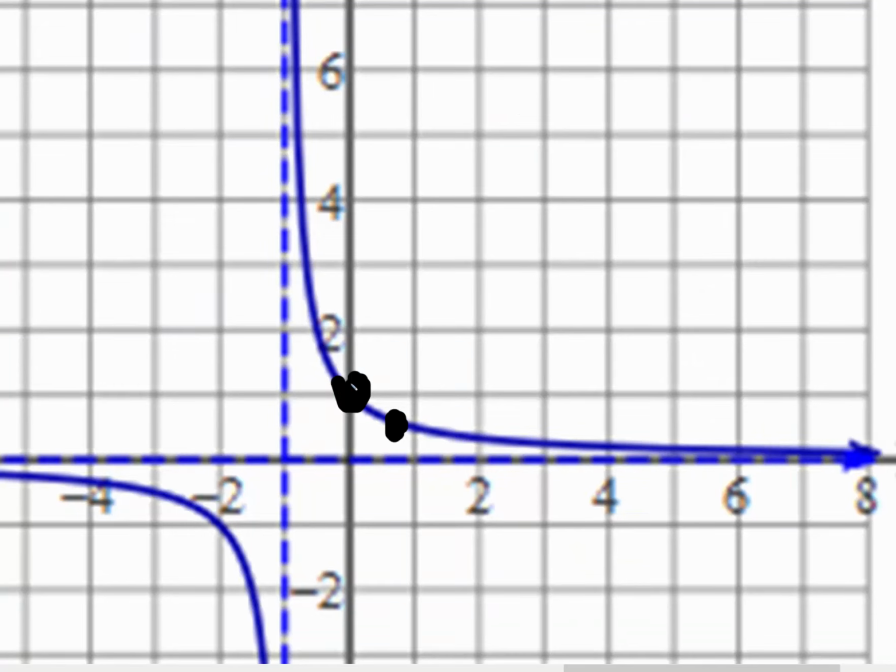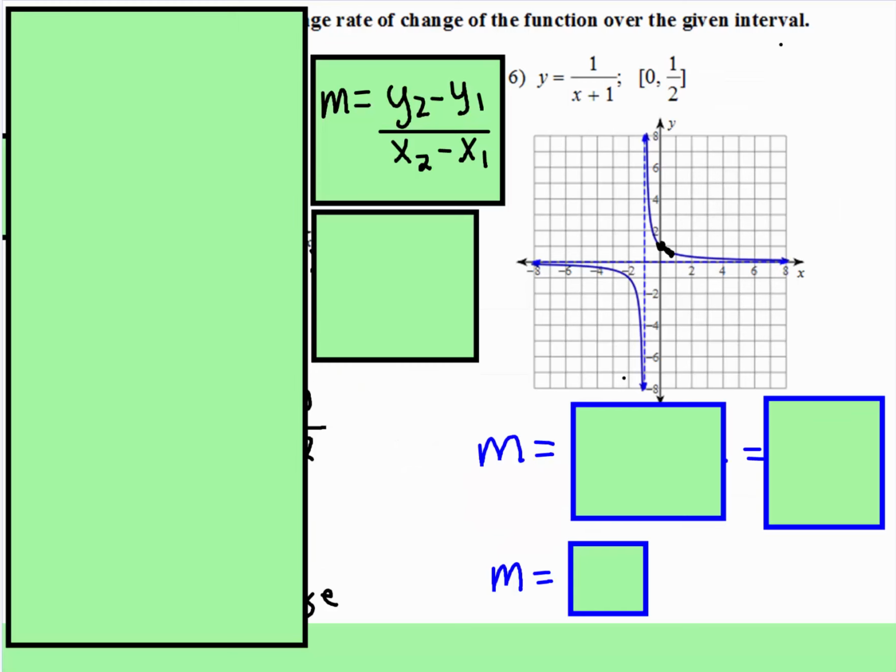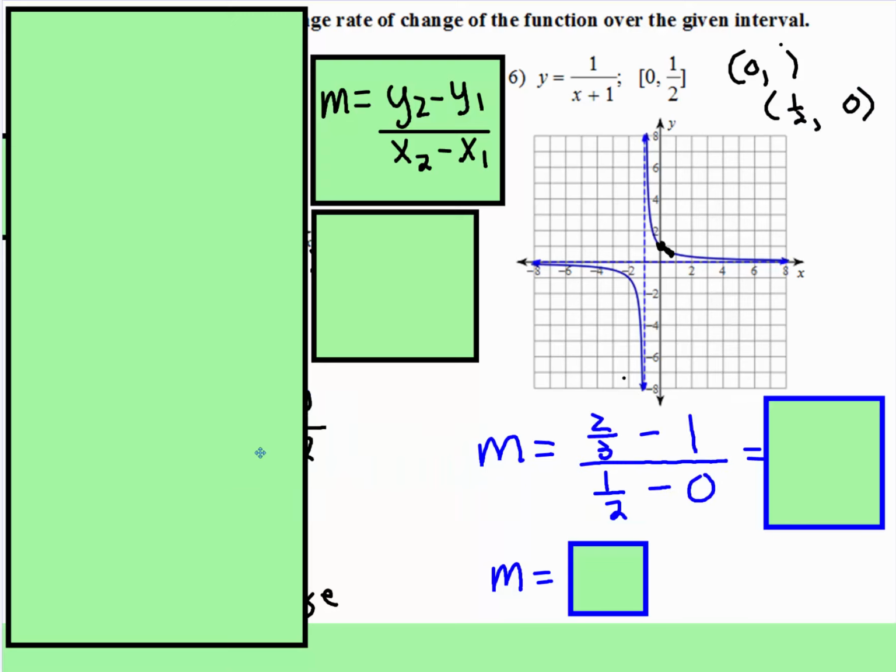So we can't typically know exactly at each point what the graph is. But if we're talking about the average, then we're just talking about a straight line between those two points. So you plug each of those x values into the function, and plug those values into the slope formula.